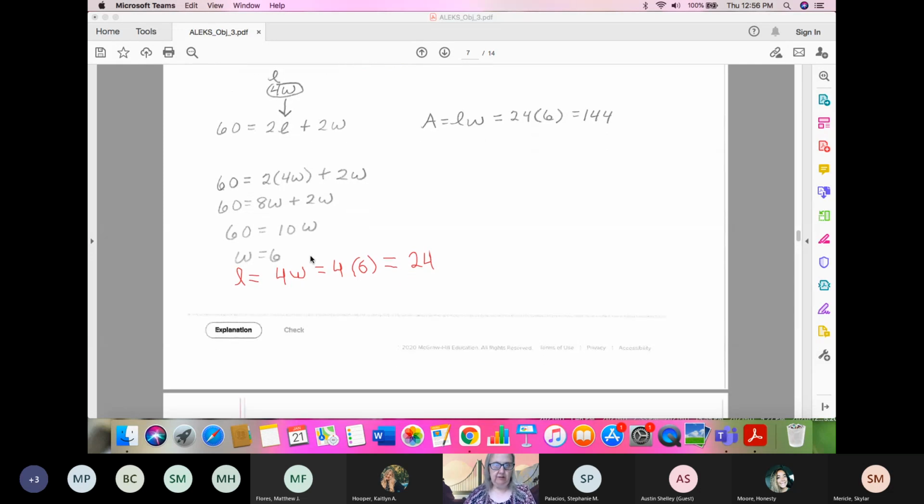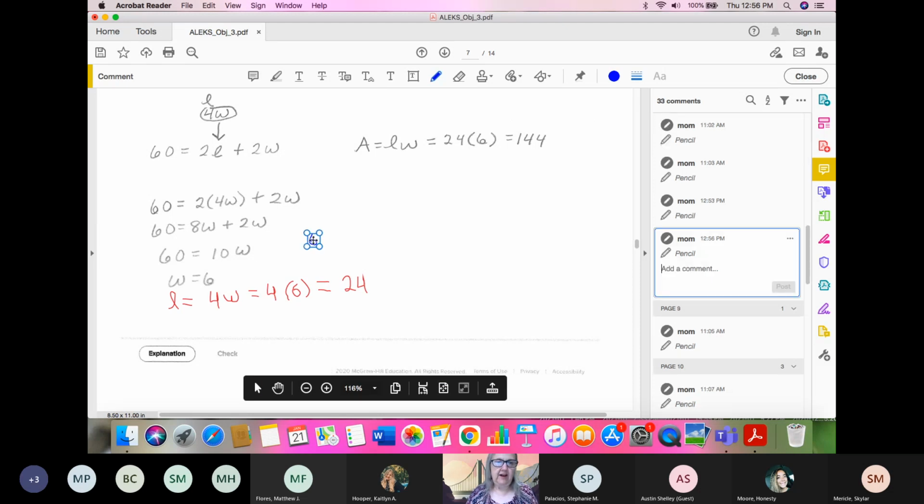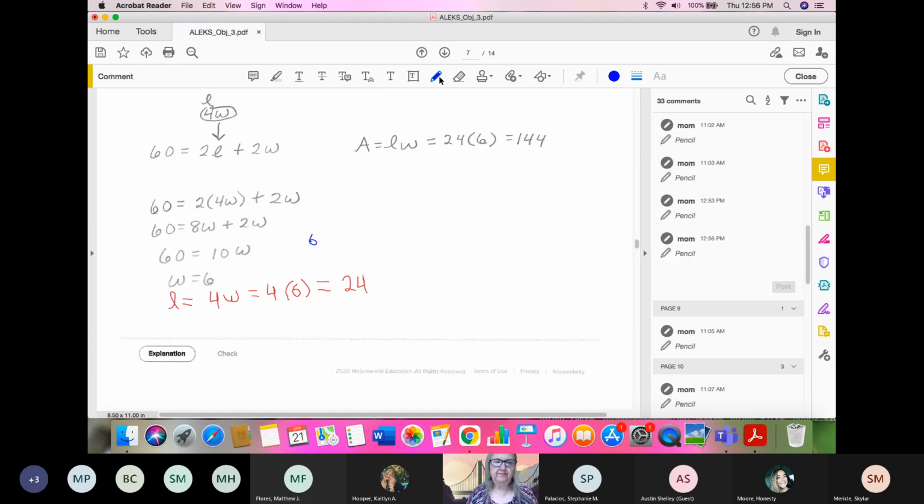And now what can we do? We can find the width. What do we need to do to find the width? Divide both sides by 10. So let's divide both sides by 10. So we have 60 divided by 10. And on this side, we're also going to divide it by 10.